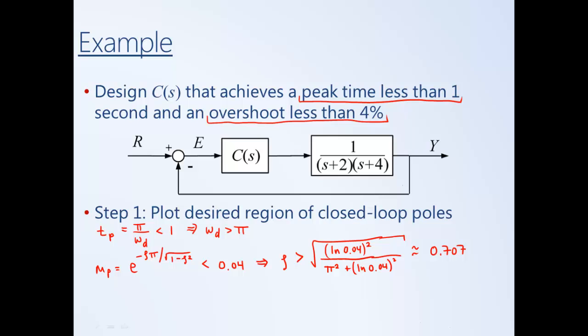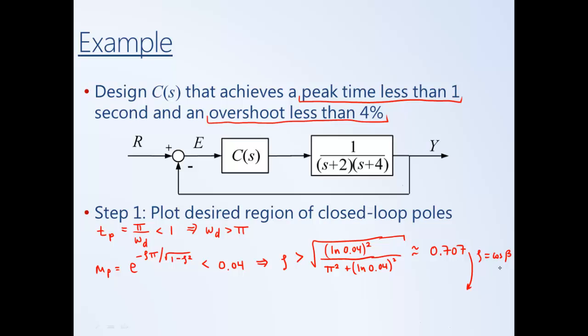If you recall, omega d corresponds to the imaginary part of the pole. Zeta, the way that it shows up in the complex S-plane, is based on the fact that zeta is equal to cosine beta, where beta is the angle made with the real axis.